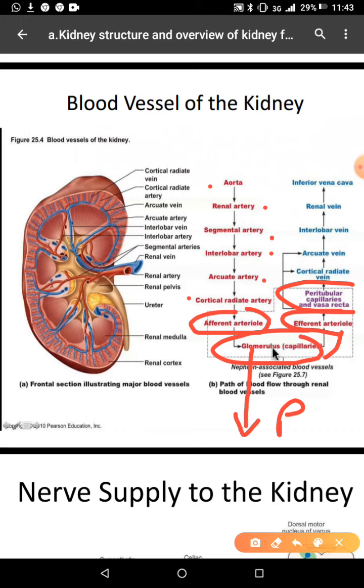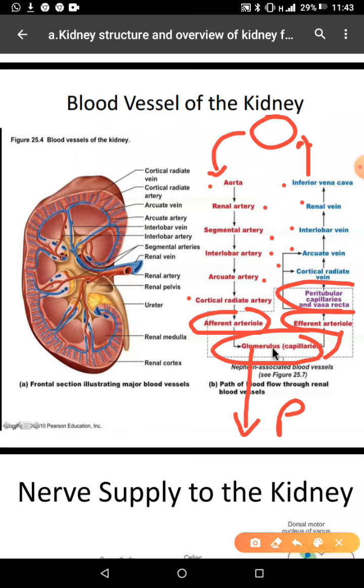Okay, from the peritubular capillaries enters into the corticoradiate vein, from there into the arcuate vein, interlobar vein, renal vein, inferior vena cava to the heart. Okay, so that's why it's the double circulation. From the heart, it's pumped back into the aorta. So it goes round and round. As it is doing that, blood is being filtered.